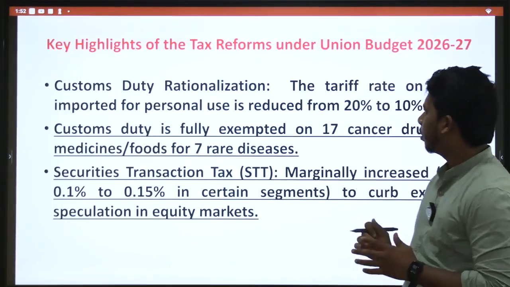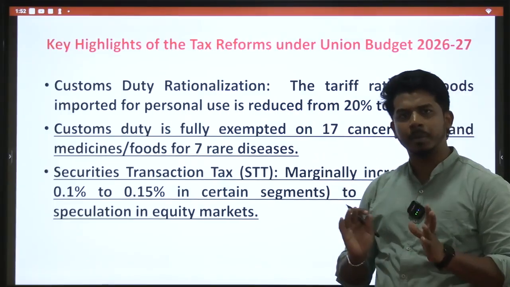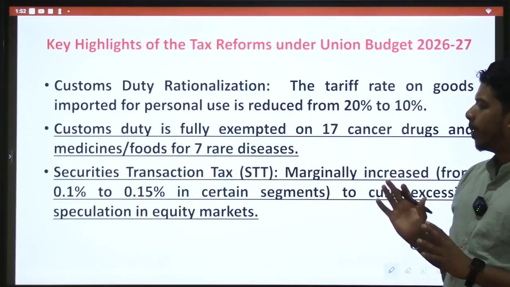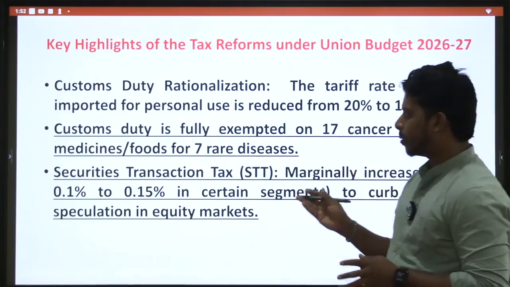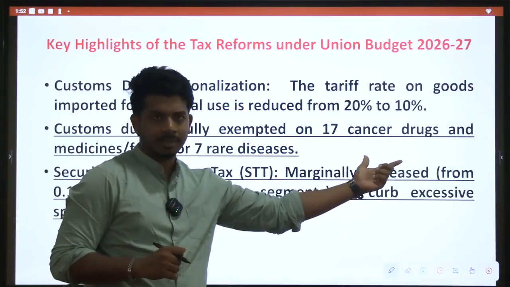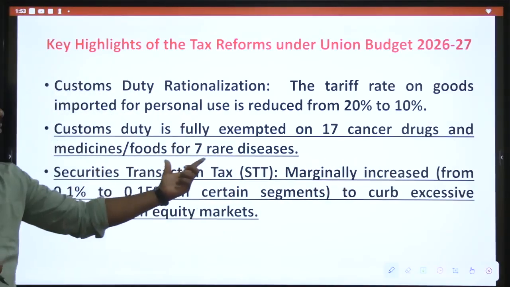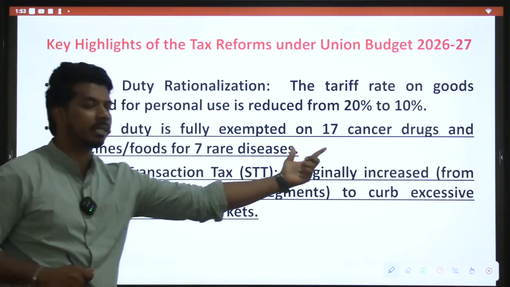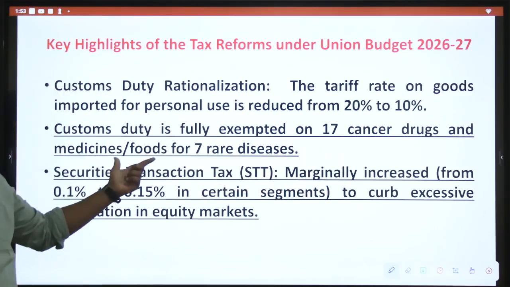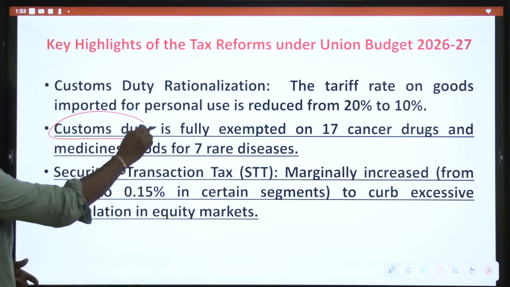Then you should know on which items customs duty will be applicable and which not. In this budget it is announced that on some cancer drugs and on some medicines and foods for rare diseases, the government has exempted the customs duty.